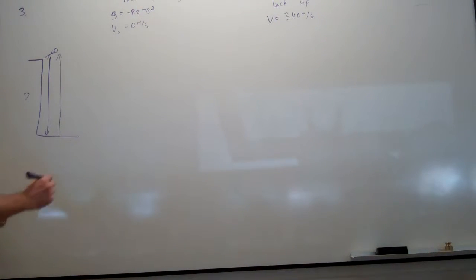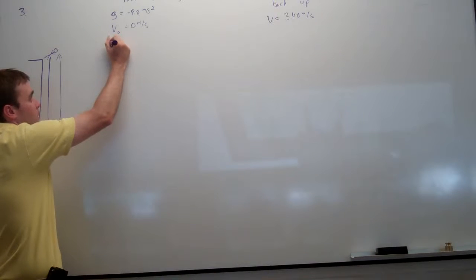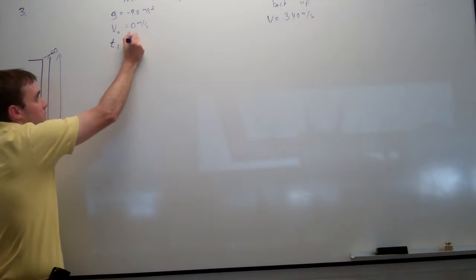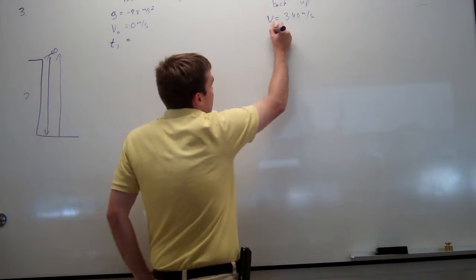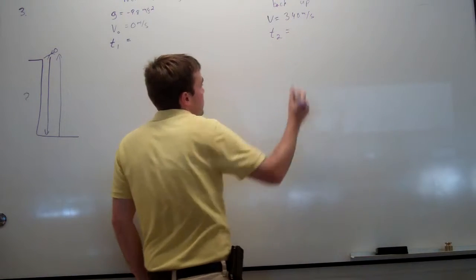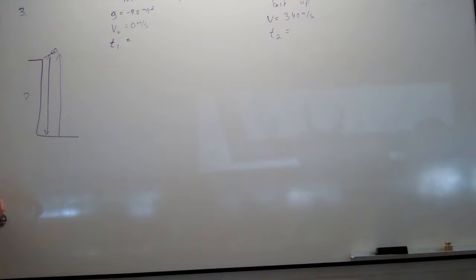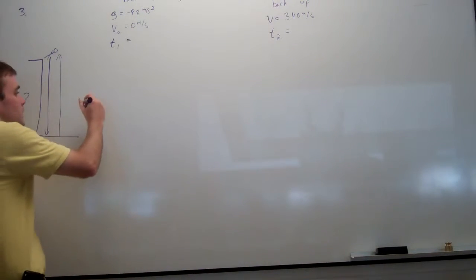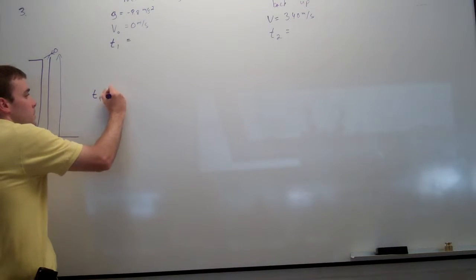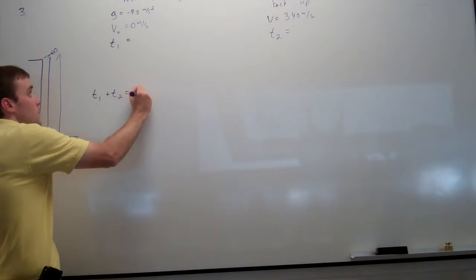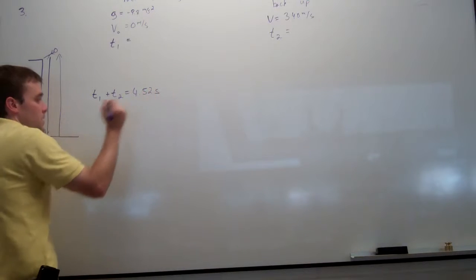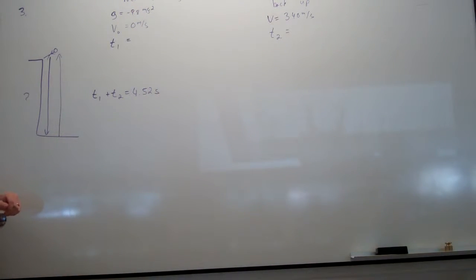Alright, we kind of know something about time, I'm going to call this T1 equals something, and that T2 equals something. What do those 2 times add up to? Yep. So we have T1 plus T2 equals 4.52 seconds. Does that make sense, everybody?